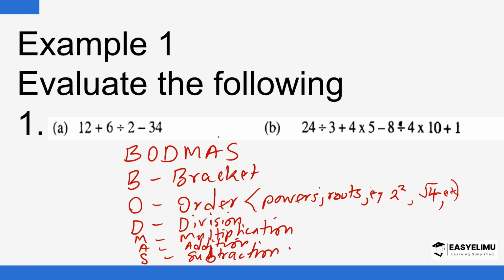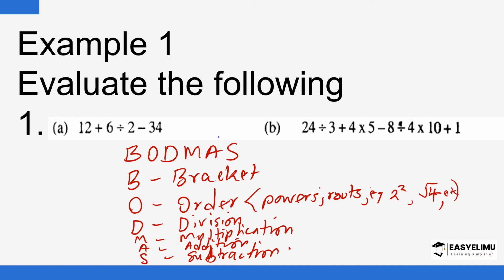Yes, so if you have all of them, you have the bracket, order, maybe these roots are there, then you have to follow that order. So you start with bracket. If it is there, like in our case here, there is no bracket, I can't see brackets. I'll check whether I have anything on order, whether we have powers, roots, I'll do that second. Then after that, you'll do division. Then after that, multiplication will follow, then addition, then subtraction will be the last operation to be done.